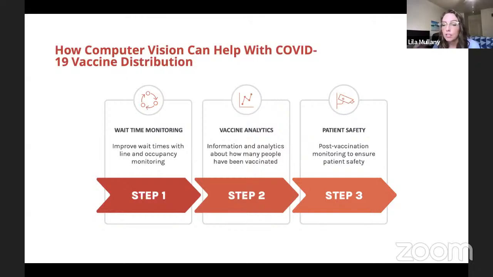The third application is that last process, the post-vaccination monitoring for adverse reactions. This is really simple to capture with some models that are publicly available in our model catalog, checking for people who are raising hands. So you'll see that one.